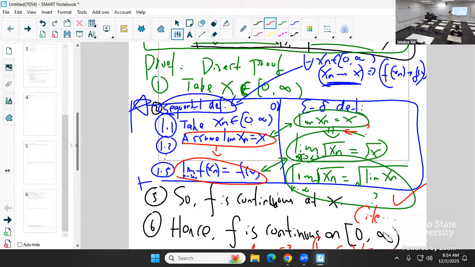The advantage of the sequential definition is that to fill out this gap from here to here, you do not have to prove it from scratch by yourself. You can apply some theorem you have learned about sequences to fill out the gap.